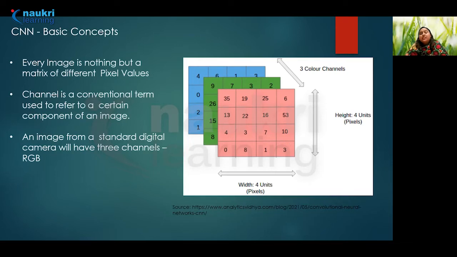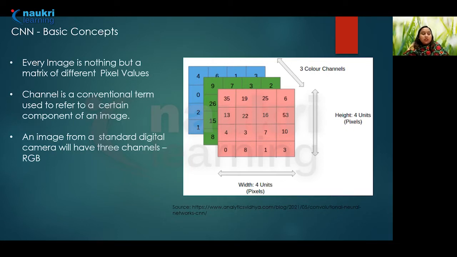So when we want to extract features from the image, we have to analyze the image, and an image is nothing but a matrix of different pixel values. So every image is a combination, or a matrix, of the different pixel values as depicted in the diagram.